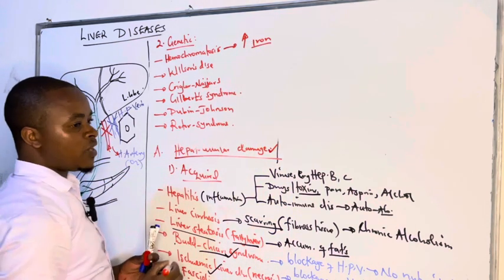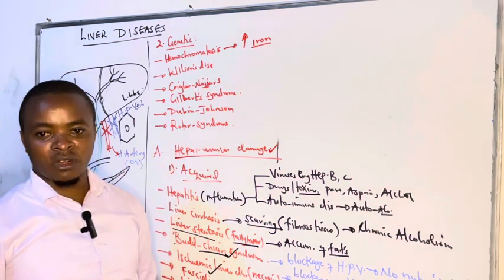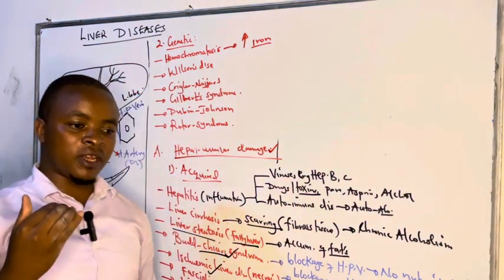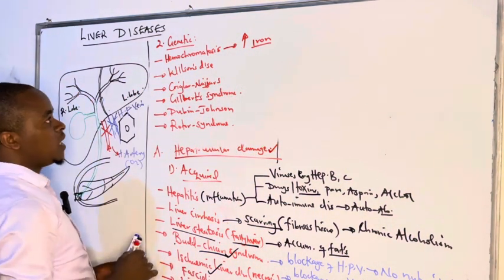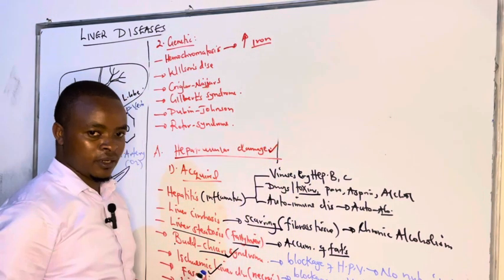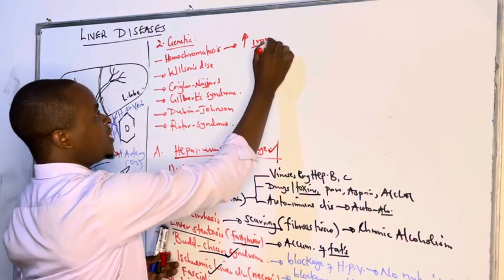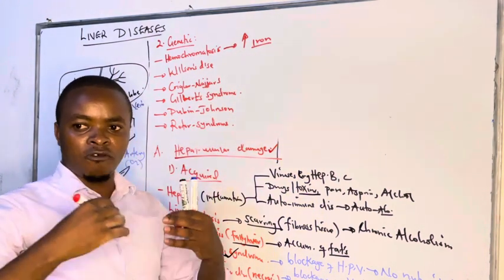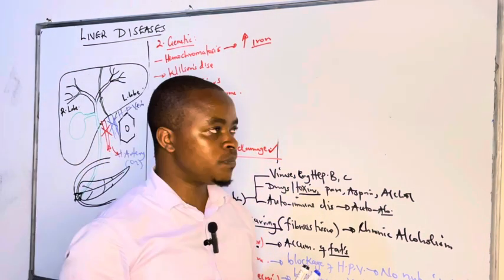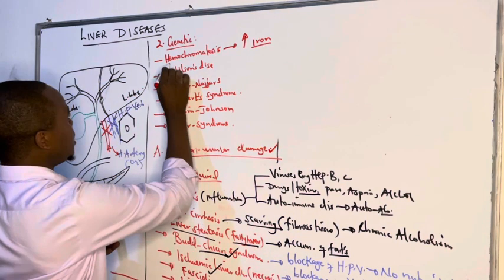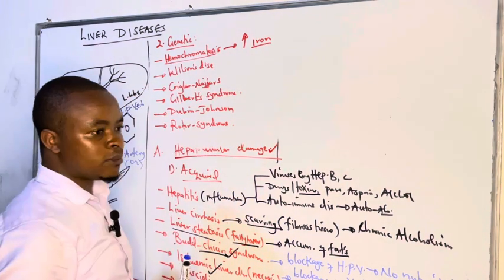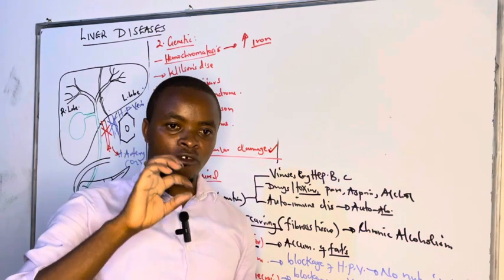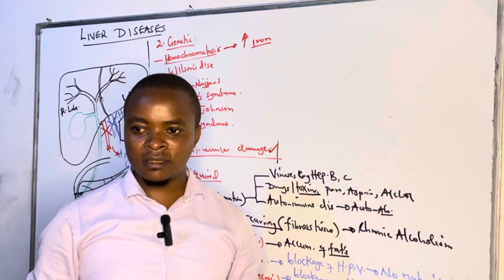We know that whenever iron in ferrous state is broken down by the reticuloendothelial cells, it is transported as ferritin and transferrin and is stored in the liver as hemosiderin. But when this iron overaccumulates in the liver hepatocytes, it is what we call hemochromatosis.